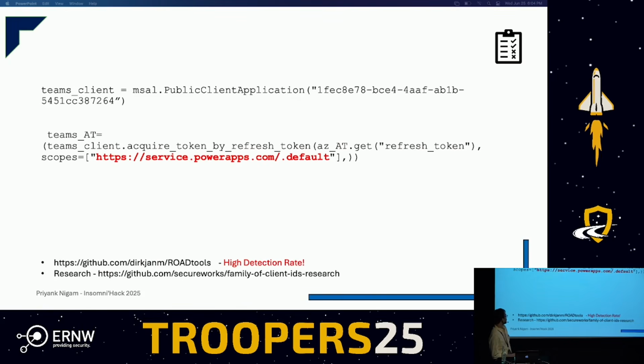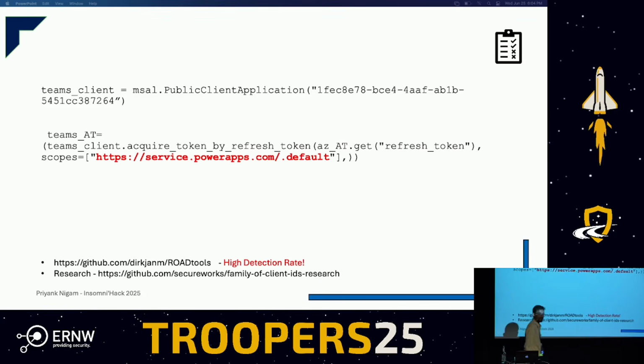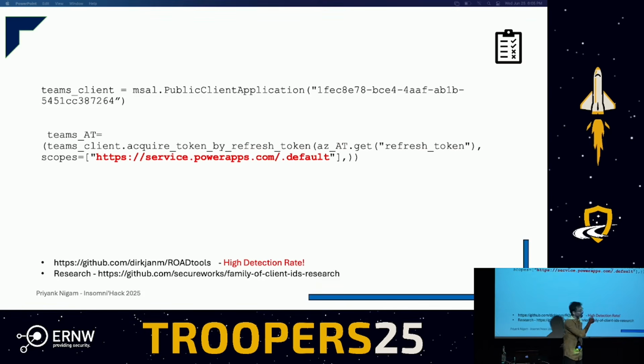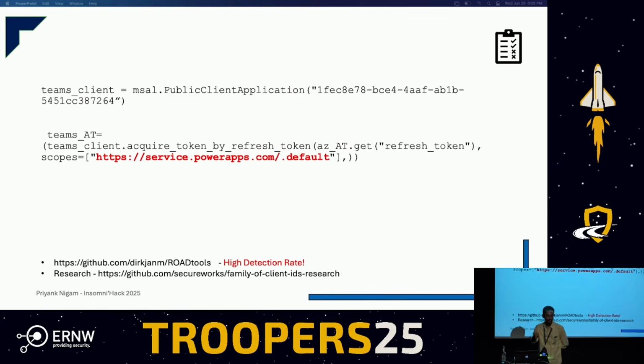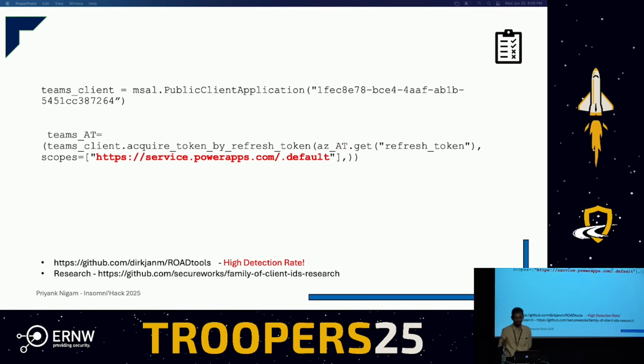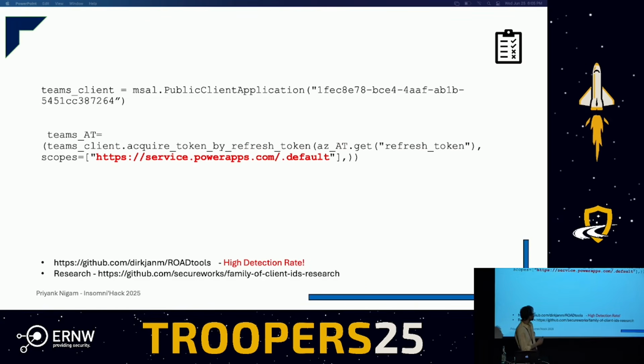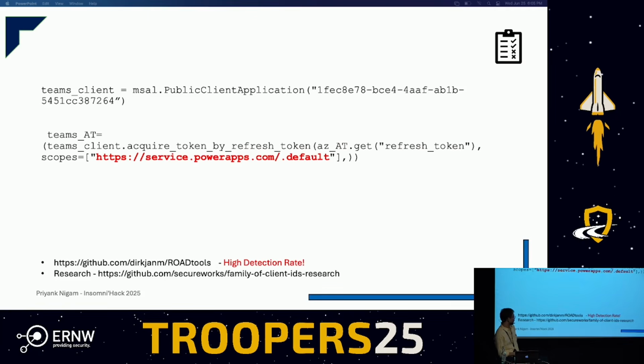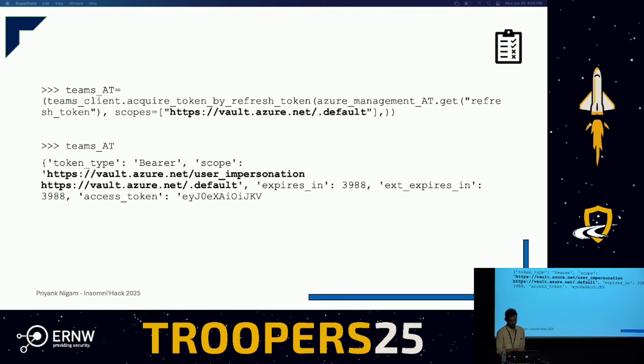You could use certain red team tools for doing that, like ROADtools or stuff like that, but these have a very high detection rate, so that's the reason we are going line by line. You could actually do that in the environment, and I'm pretty sure you will not get detected. This particular research has been publicly documented for more than a couple of years now, but feel free to dig in more. It's very interesting.